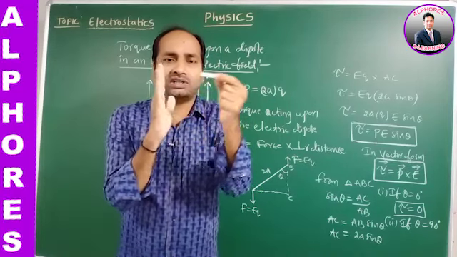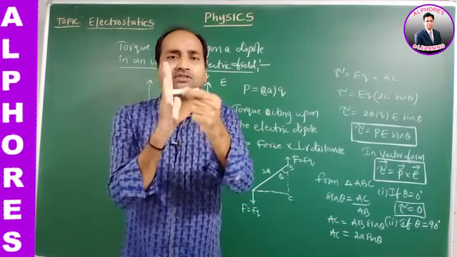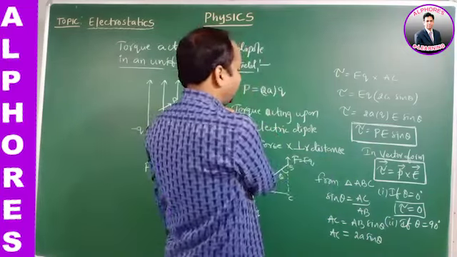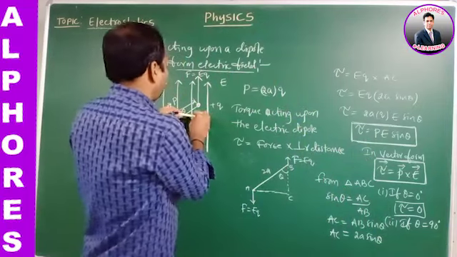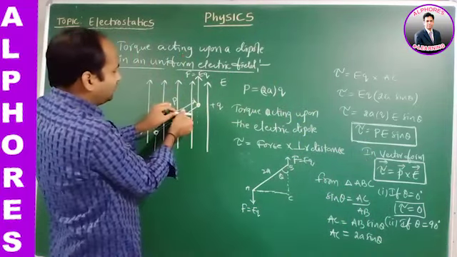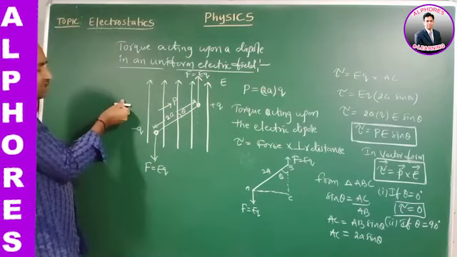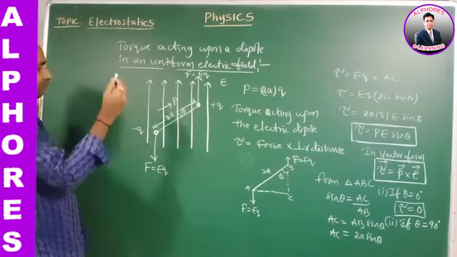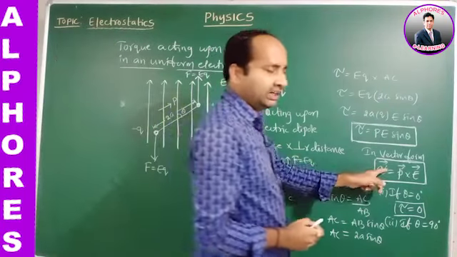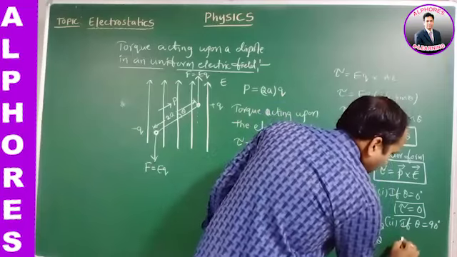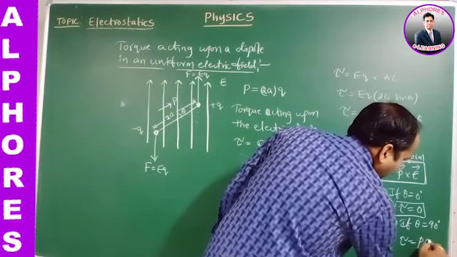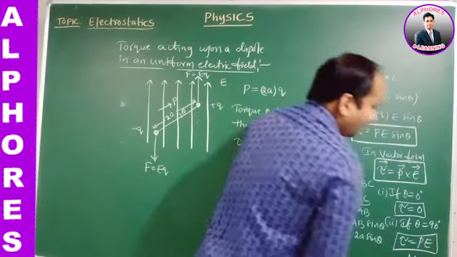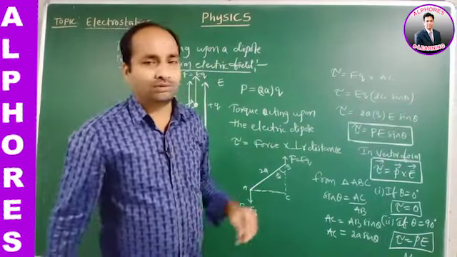When it is 90 degrees, the force on the positive charge is upwards and the force on the negative charge is downwards, so it can rotate maximum. Sin 90 is 1, therefore torque tau is equal to PE. This is the expression for the maximum torque.